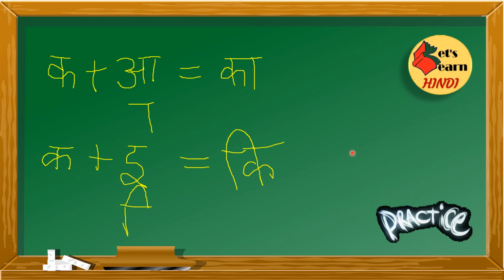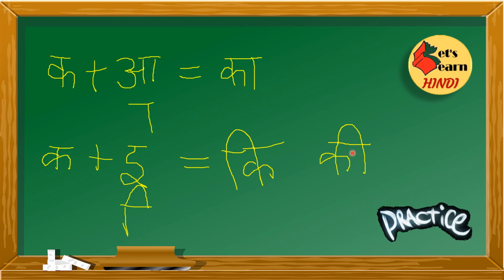If second E, then this side. Symbol will be this side. K, E, ki. Listen to the sound. K, E, ki.